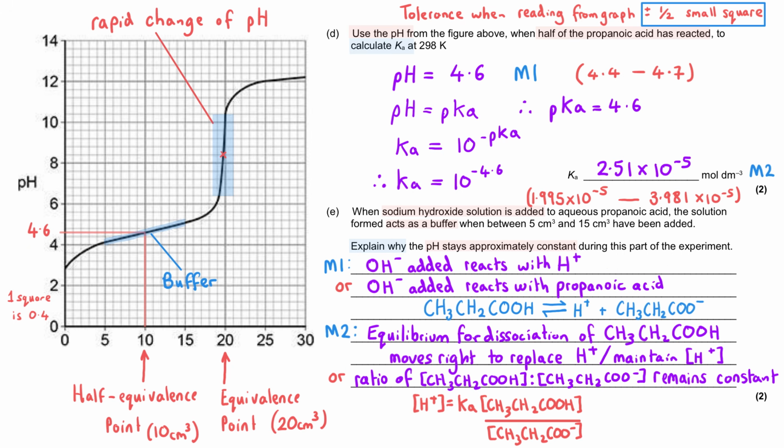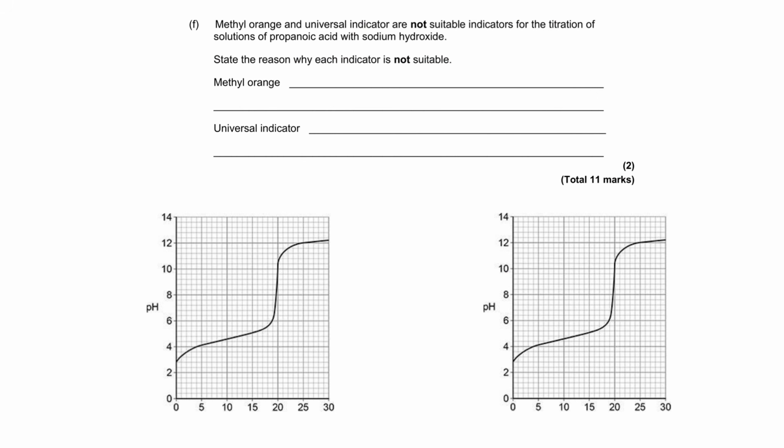And since Ka is also a constant, that means that the hydrogen ion concentration will be constant, as we've already said, and a constant hydrogen ion concentration will mean constant pH.